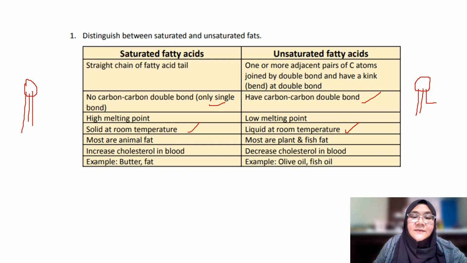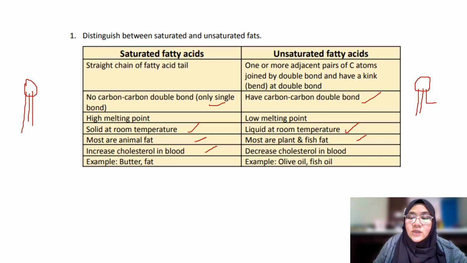Next, the difference between saturated and unsaturated is that mostly the fats that come from animals are saturated. However, unsaturated fats come from plants and also fish. Saturated fat increases the cholesterol in your blood. If you take this type of fat, it will increase your cholesterol.